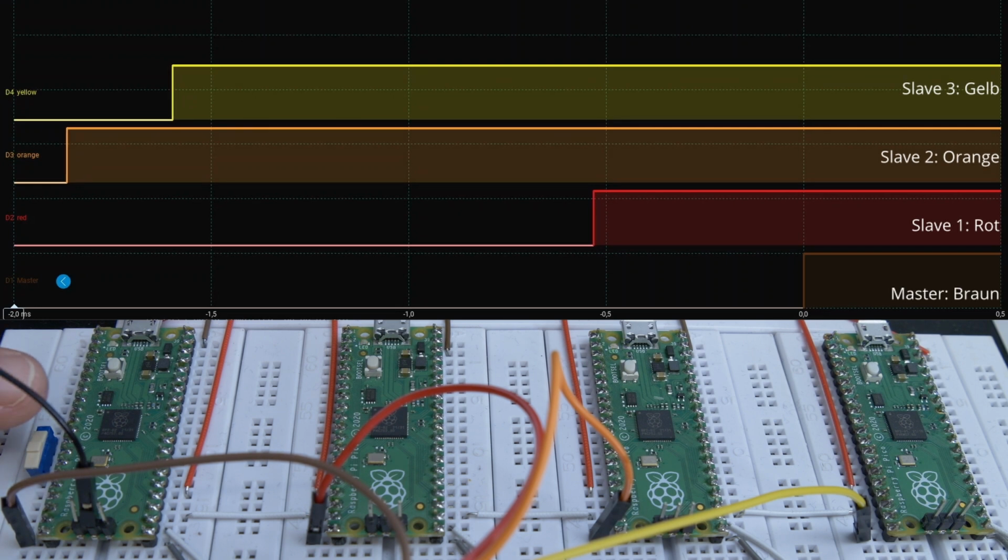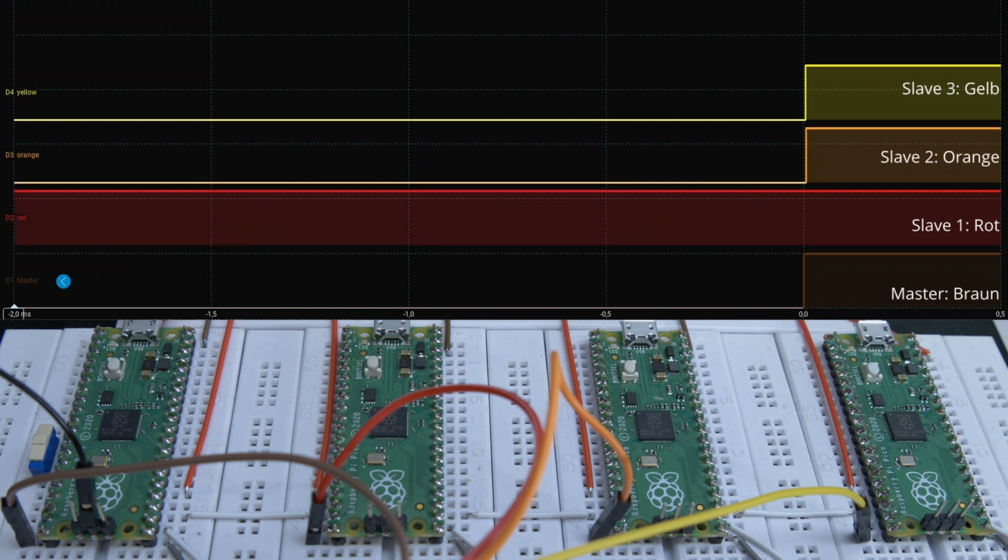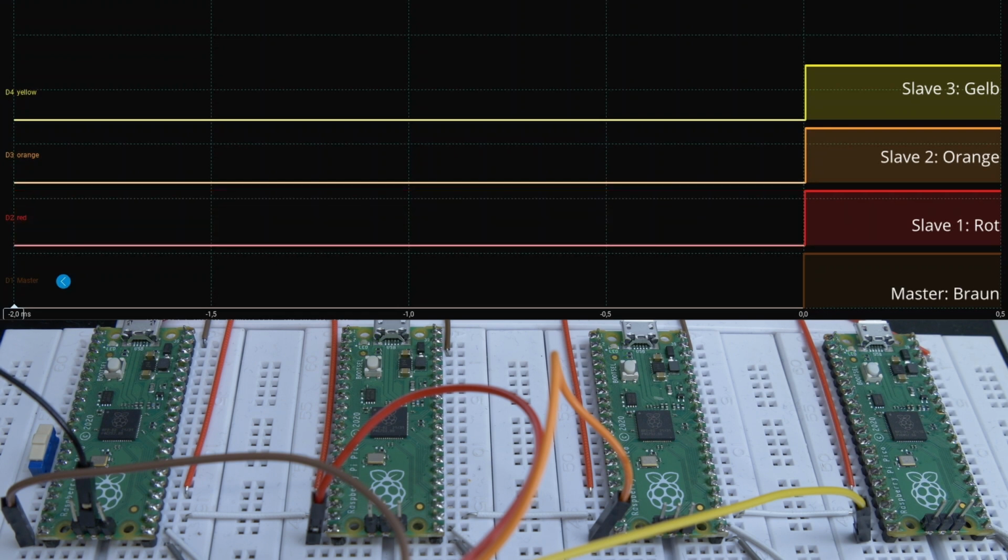Turning on the synchronization using the drift estimation algorithm from TU Darmstadt, all LEDs start switching at the same time. Changing the resolution of the logic analyzer to half a microsecond per division reveals a small amount of jitter.